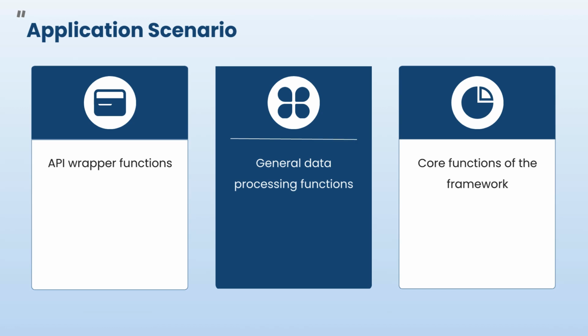For example, in Flask, we can define a route handling function that uses double asterisk keyword arguments to receive all query parameters and then execute the corresponding business logic based on these parameters. This design not only improves code reusability but also makes route handling more concise and clear.